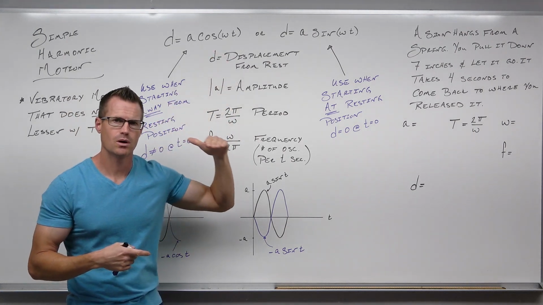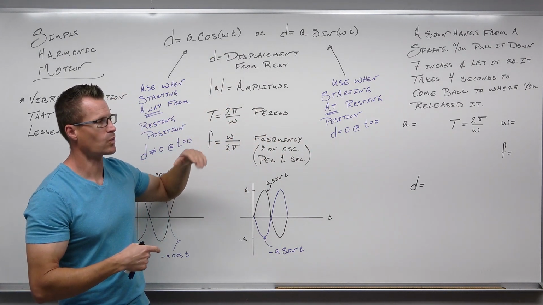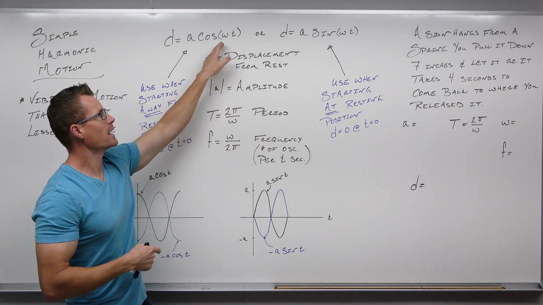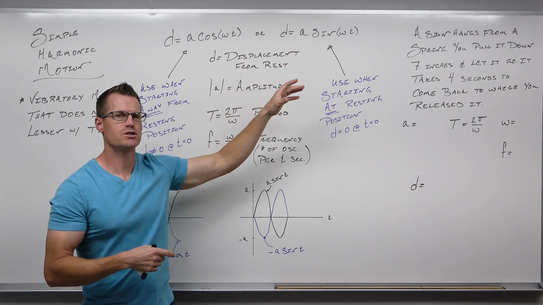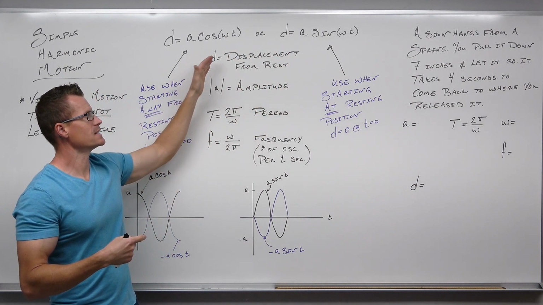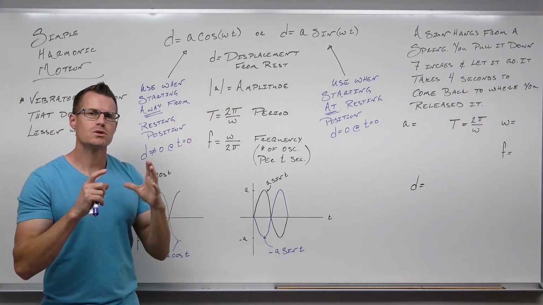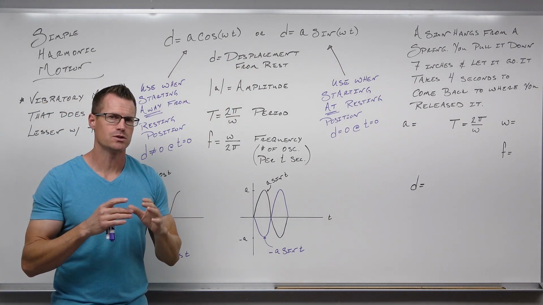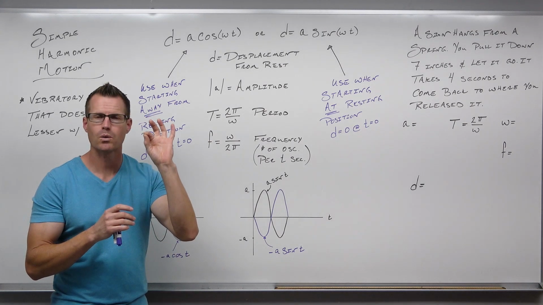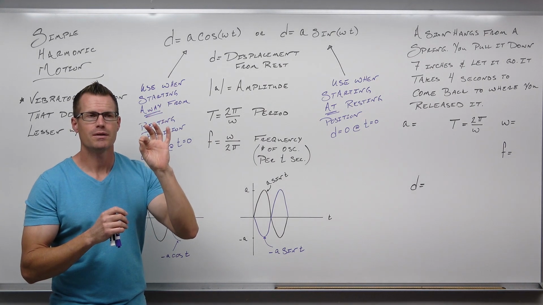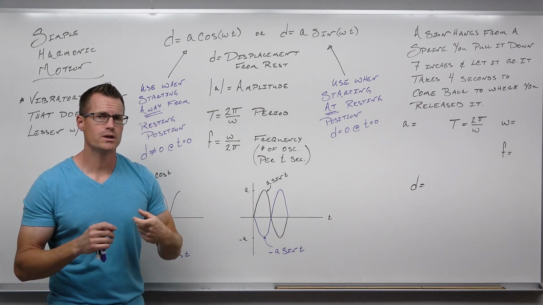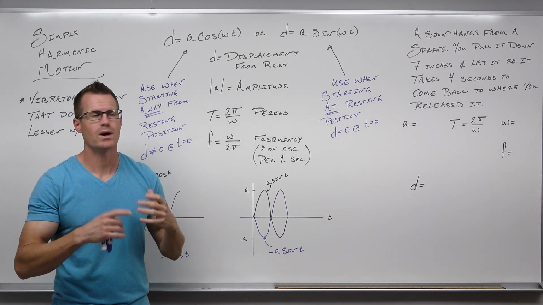That t is time, so over a length of time, where it's at over a length of time. And omega relates to our period. So when we deal with this, d is displacement from rest. The absolute value of A is our amplitude, how far it gets in total away from your resting position. This is usually where you push it to, pull it to, or where you hit it to from rest.